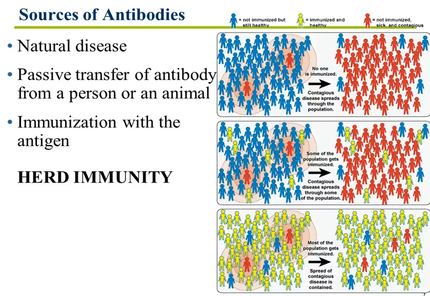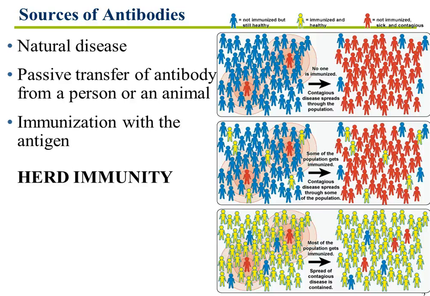They have the disease. But the rest of the population is healthy, but they are susceptible. And as a result of the two people that spread the disease, the rest of the people get the disease eventually.